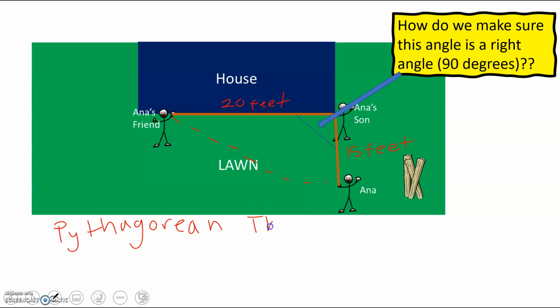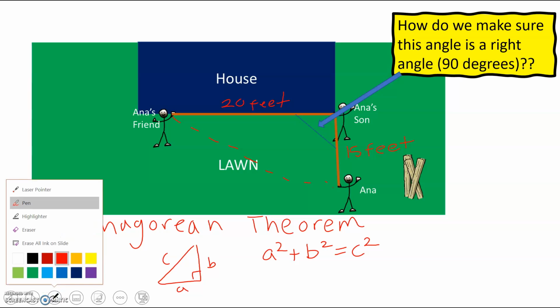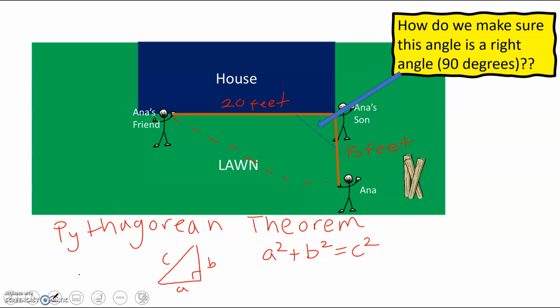The Pythagorean Theorem tells us a relationship between the sides in a right triangle, and that if we are given a right triangle with sides A, B, and C, the relationship between the sides is A squared plus B squared equals C squared. So if Anna is trying to create a right triangle, we know that the sides of her triangle should satisfy this Pythagorean theorem. So let's take a look.